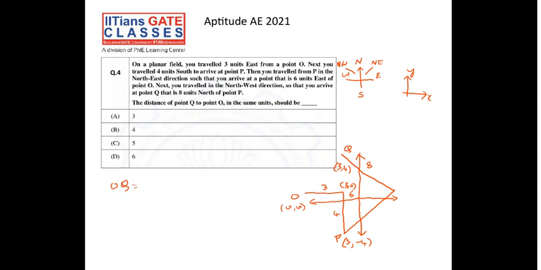So the distance OQ is given by the distance between the origin 0, 0 and the point 3, 4. So applying distance formula, we are going to get that as the square root of 3 square plus 4 square. That comes to 5. So option C is the correct option.